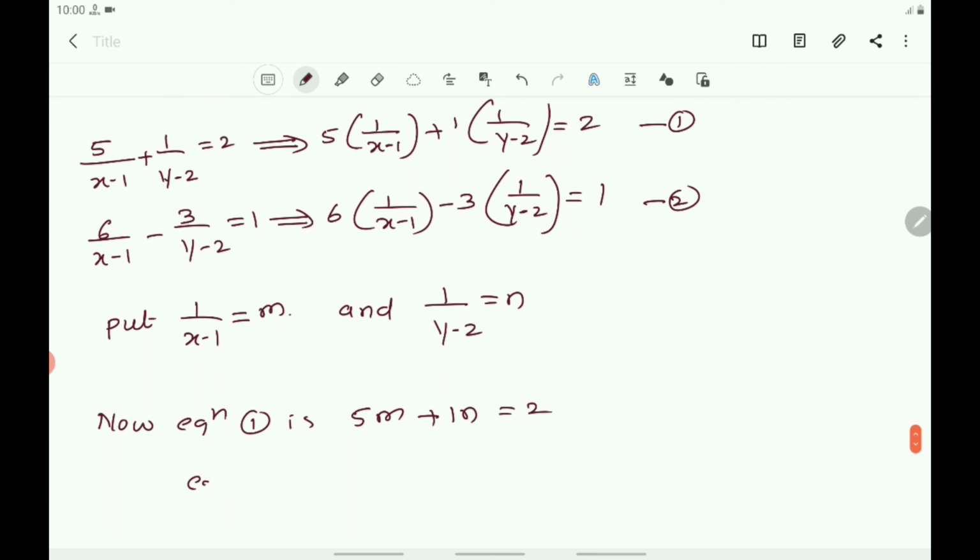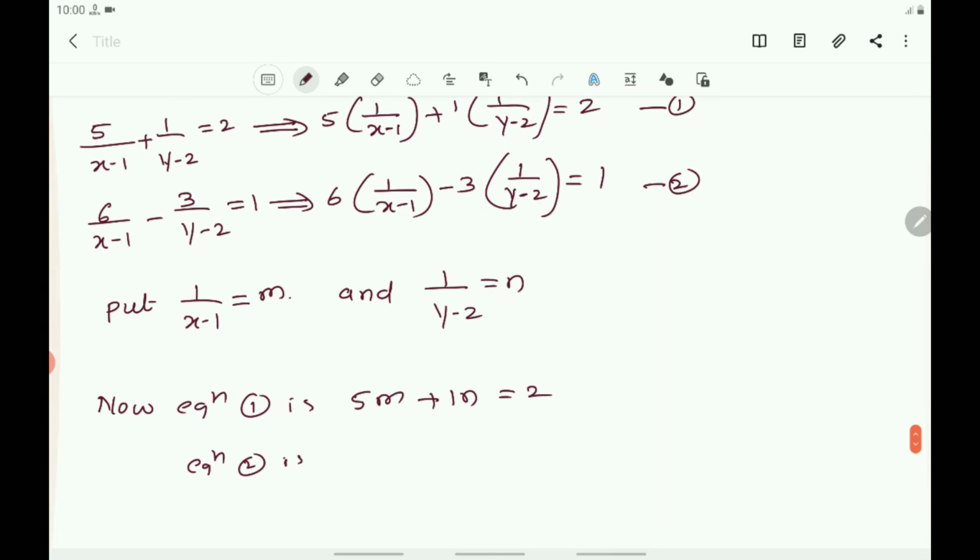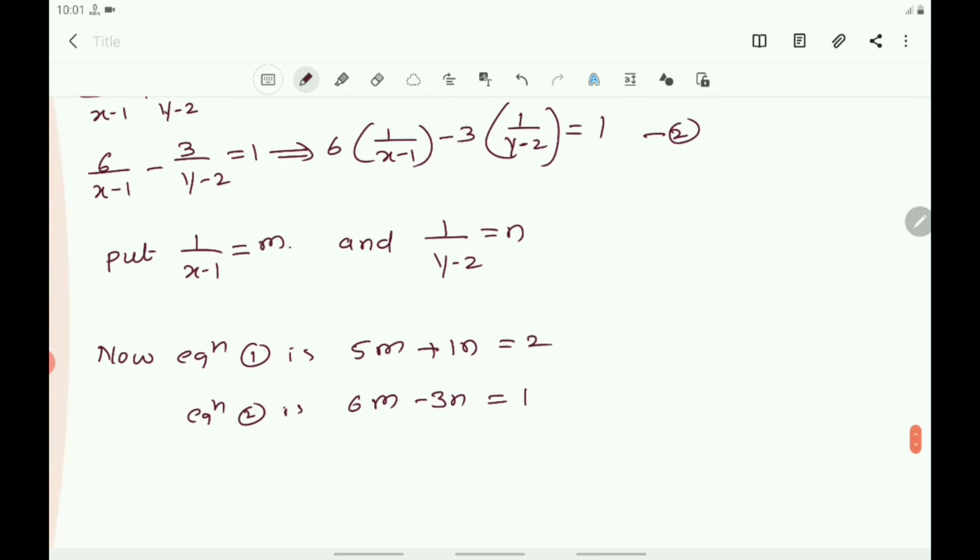And the second equation is, what? 6 into 1 by x minus 1 means 6m, minus 3n equals 1.